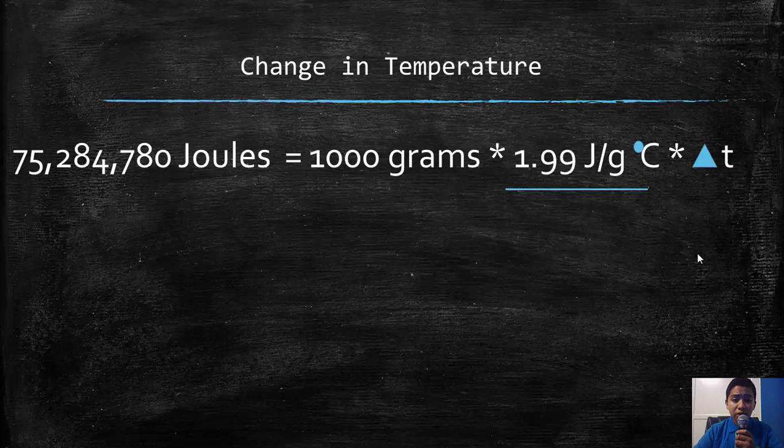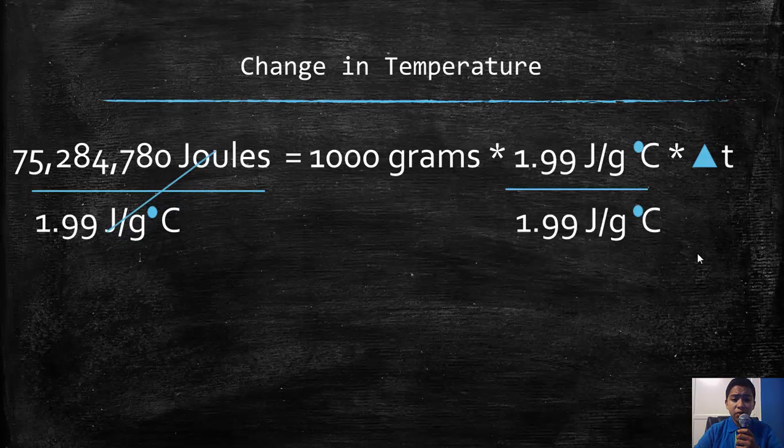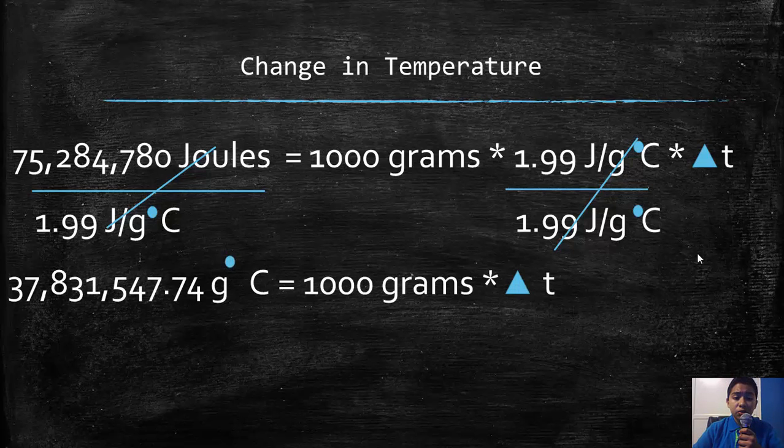So we can start off by dividing both sides by 1.99 joules per gram degree Celsius. When we do that, we can cancel out like terms and also units. So we cancel out joules on both sides, and we're left with 37,831,547.74 gram degrees Celsius equals 1,000 grams times delta T. Since we want to get the variable alone, let's divide both sides by 1,000 grams.